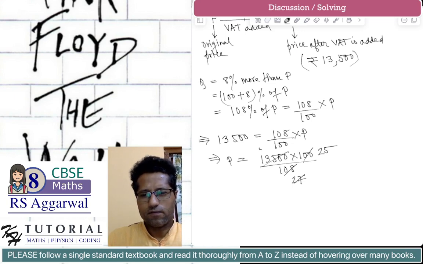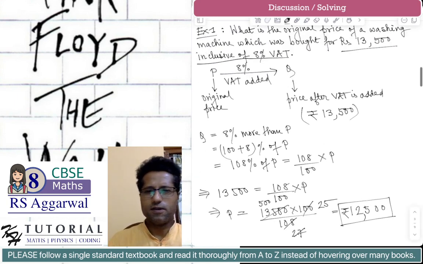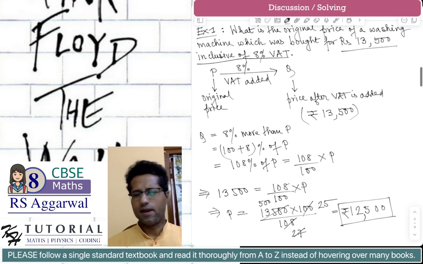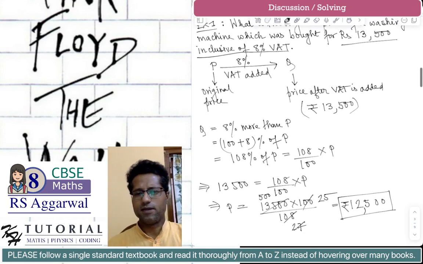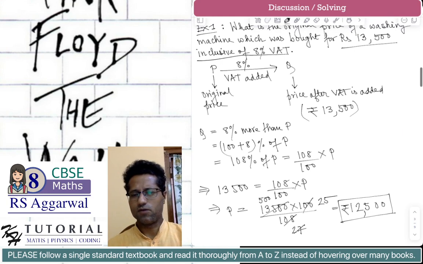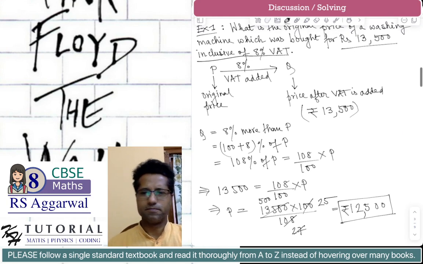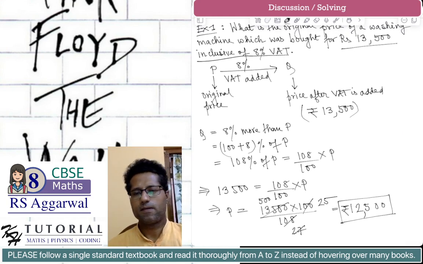So we have 5, 0, 0, and so this becomes 12,500. So rupees 12,500 was the original price of the washing machine, and from this original price 8% VAT was added, and hence finally it was purchased for rupees 13,500.